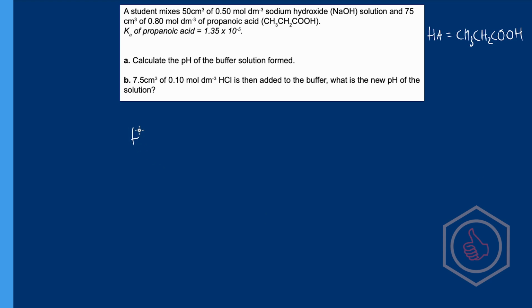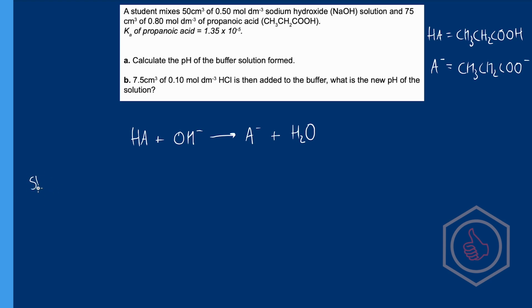So when HA, or a weak acid, reacts with OH minus ions, it forms A minus and water. Now, the A minus in this situation is going to be a propanoate ion, the conjugate base of the propanoic acid. So there's a few different ways we can represent the workings at this stage, but this is the way I like to do it so we can see what's going on.